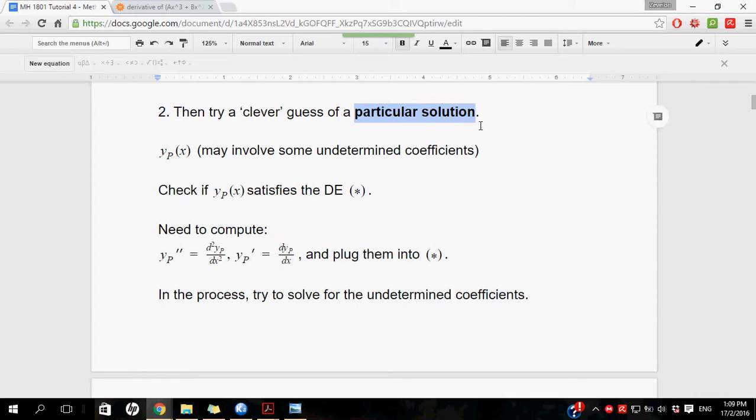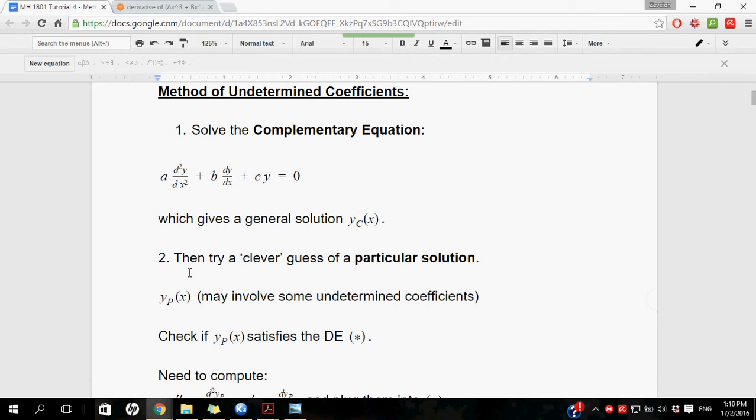We cannot have undetermined coefficients in our particular solution, so they have to be eliminated. In the process, we need to solve for these coefficients. The only place where we should have arbitrary constants is in y_c. y_c is the only place where we should see arbitrary constants appearing, just as you would have in the key theorem.